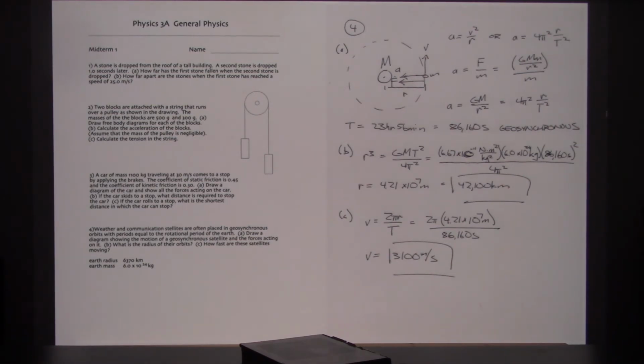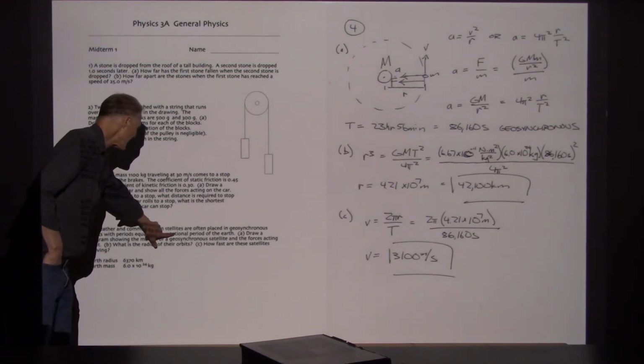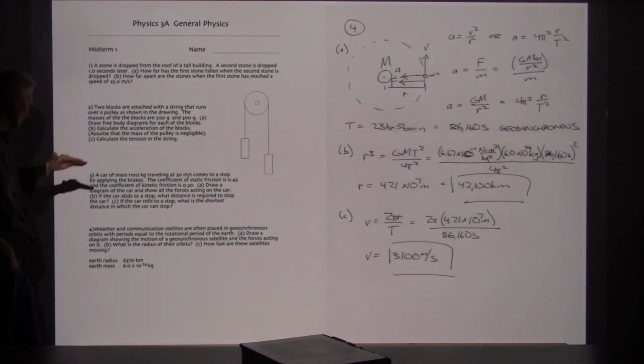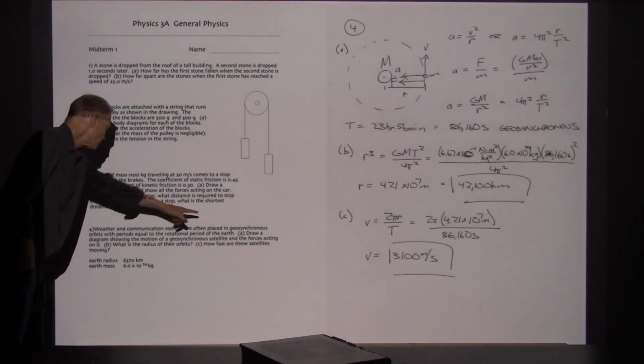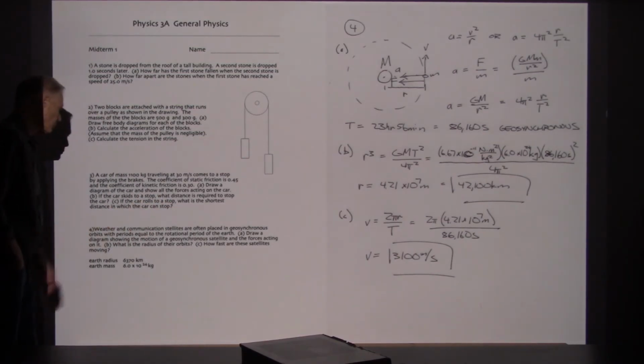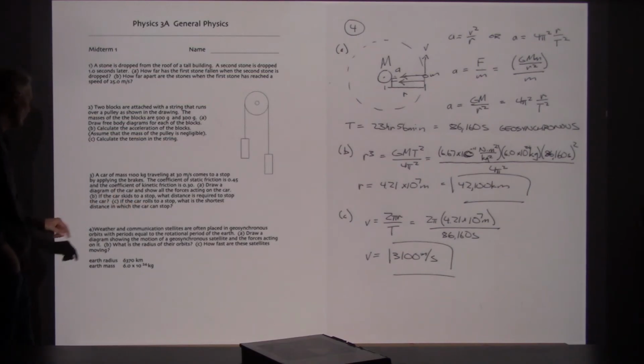I don't pick up these things a lot of times until we're here in class. So geosynchronous orbits with periods equal to the rotational period of the Earth. Draw a diagram showing the motion of a geosynchronous satellite and the forces acting on it.